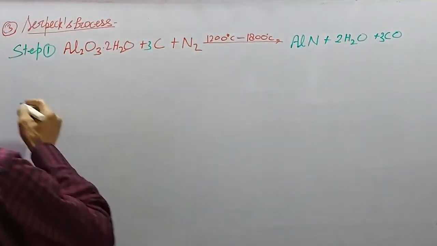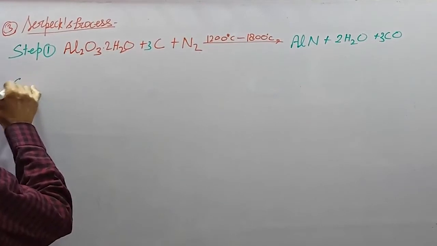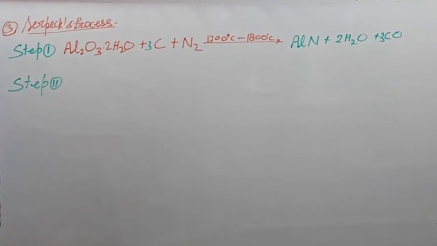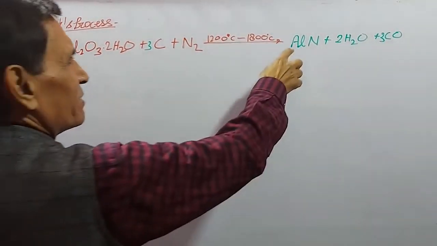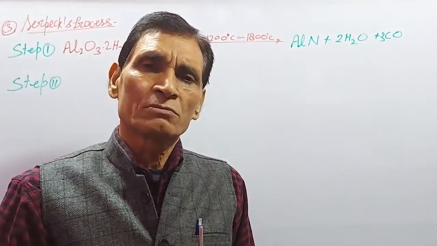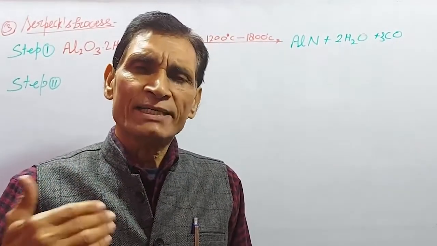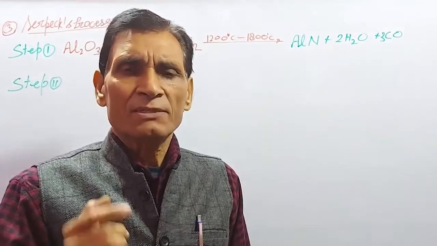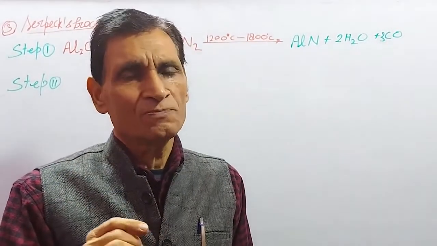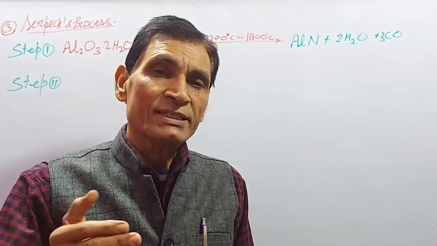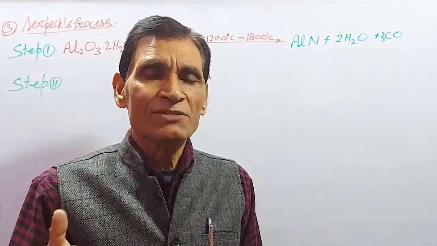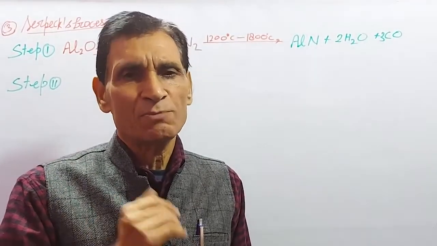Now let us see second step. Step 2. In this step, this aluminium nitride is hydrolyzed with water into aluminium hydroxide. But in first step, some more thing is there which I am going to tell you. Aluminium oxide is converted into aluminium nitride. Then what happens with impurities where silica is present?